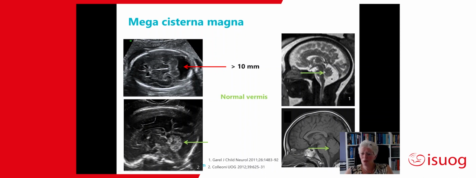So we see a normal primary fissure, we see a normal ratio of 1 to 2 tissue above and below the primary fissure, and we can see a normal position of the vermis. Then we look at the tentorium, and we can see that it is inserted in a normal position over there.